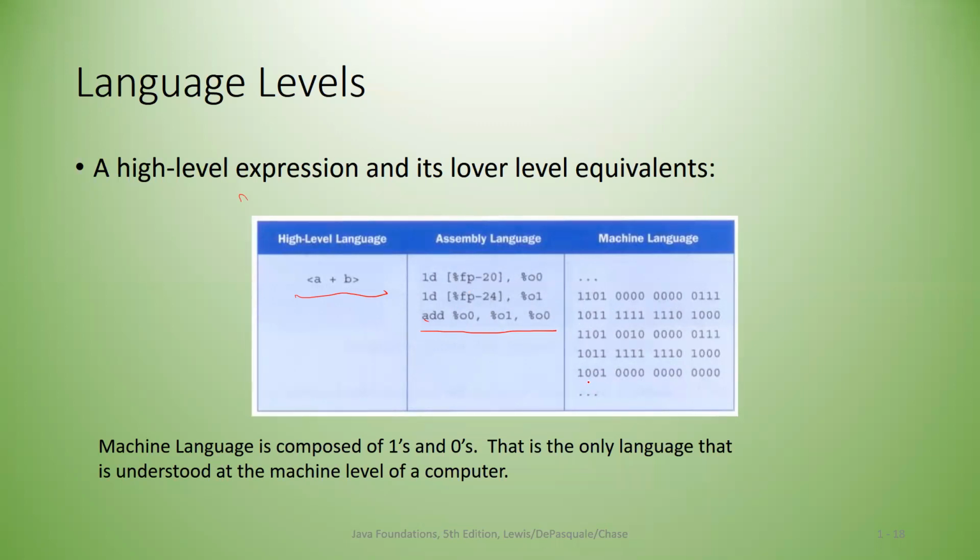And this is the machine language, zeros and ones. So this is interpreted into assembly language and then to this, right? Okay. So at the machine level, your computer can only understand ones and zeros. Any questions?